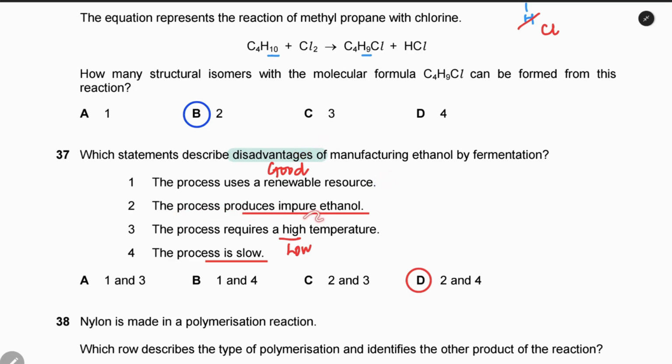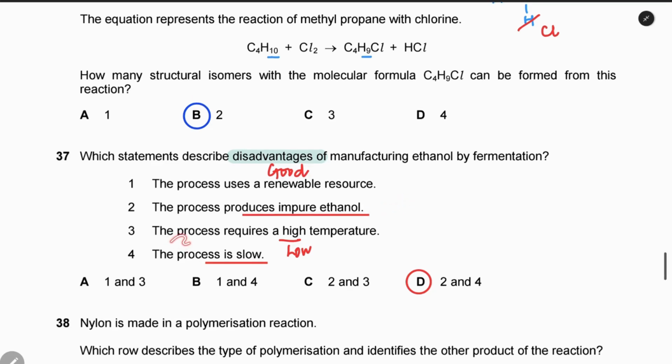The process produces impure ethanol: yes, it does, and impure is of course a negative. The process requires a high temperature: no, it requires a low temperature for fermentation. The process is slow: this is actually a disadvantage. So the final answer is 2 and 4.